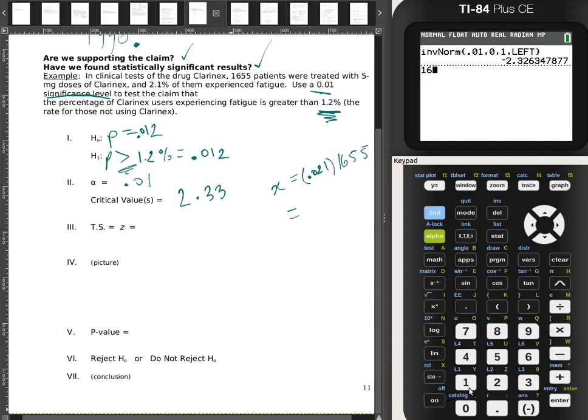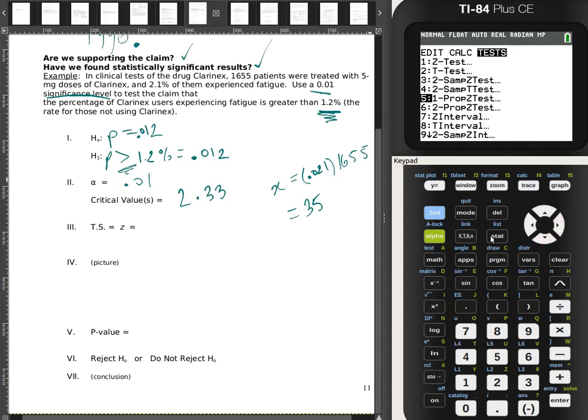So 1,655 times 0.021. How much is this? It's 34.75. Maybe we can just call it 35 people. We should probably round up, since there's no such thing as 0.755 people. And we will use this as our x value whenever we do the test.